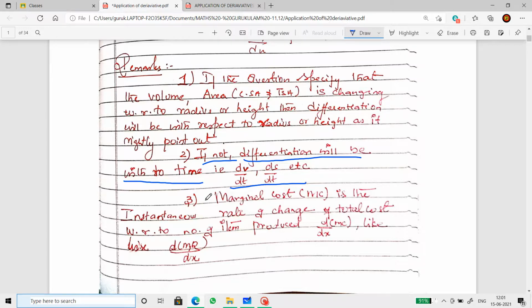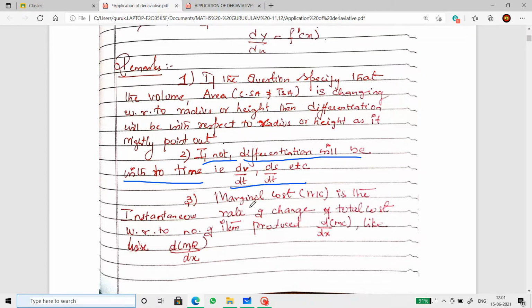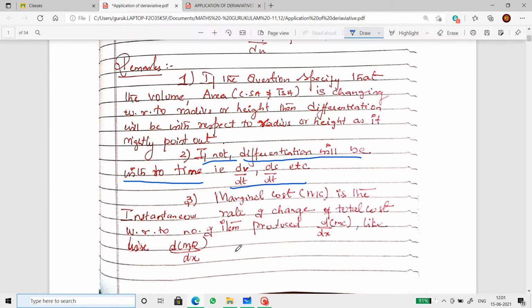The third point is important for non-commerce students because they are not aware of what marginal cost is, whereas the commerce stream knows all this, so they will be able to relate to the topic of marginal cost. For the science stream, marginal cost, shortly known as MC, is the instantaneous rate of change of total cost with respect to the number of items produced.